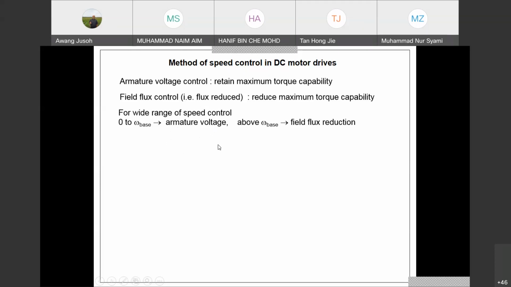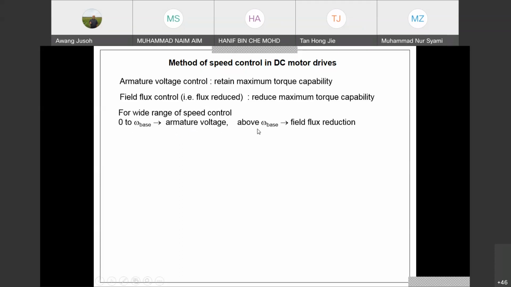The bigger the voltage, the bigger the speed. When the voltage achieves rated voltage, the speed equals rated speed. So that's very simple. From 0 to base speed, we control the armature voltage, from 0 to rated voltage.